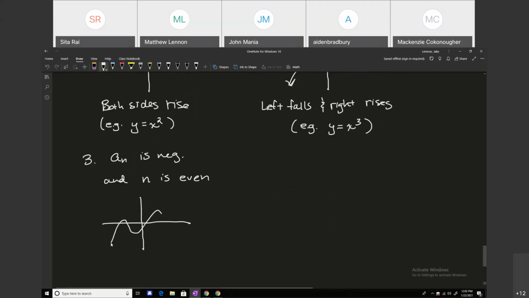Well, in this case, you get both sides falling. So an example here might be y equals minus 5x squared, right? Notice the number in front is negative and the power is even.